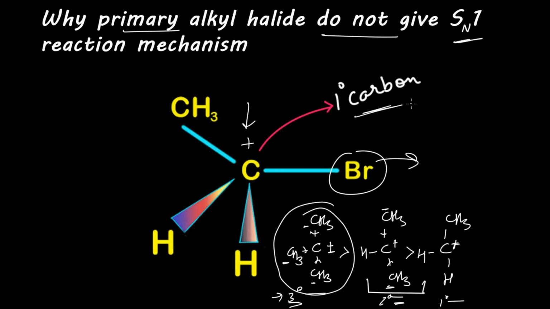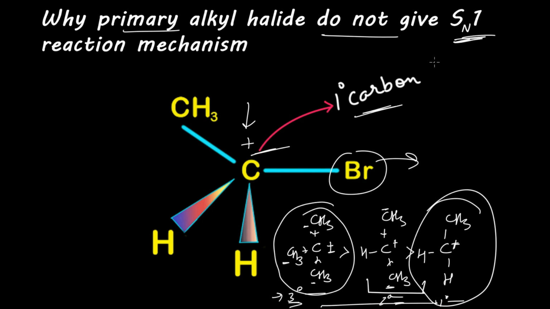Since the 1 degree carbocation so formed is the least stable of all these 3 cases, it will not give the SN1 reaction mechanism, right? Why? Because for the reaction to proceed with the SN1 mechanism, there is a need for the formation of a carbocation, but that carbocation should be stabilized by some other source, and in the 1 degree carbon only one alkyl group is present, hence it is not able to completely stabilize the carbocation so formed.